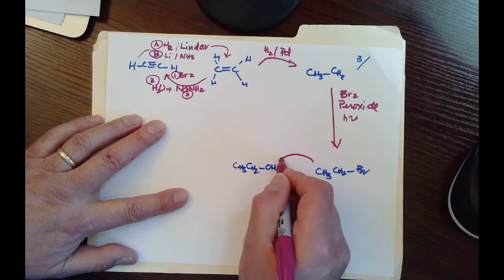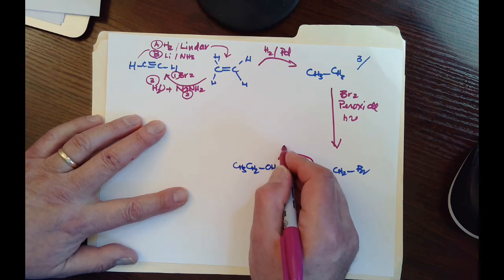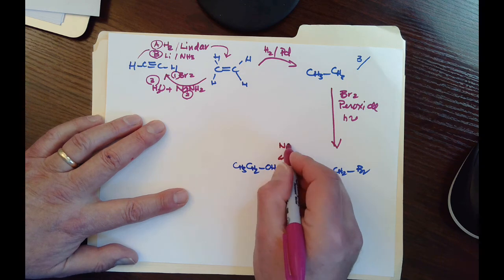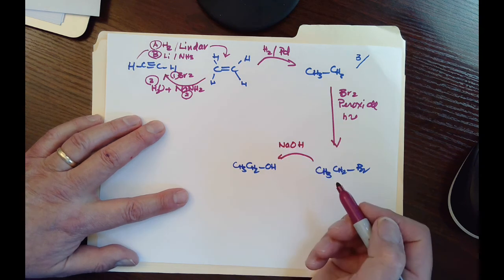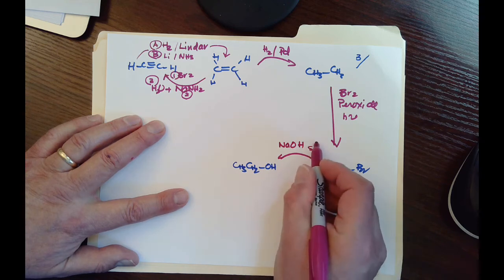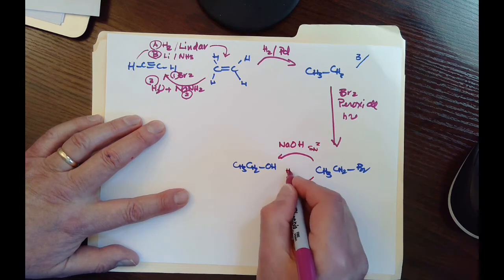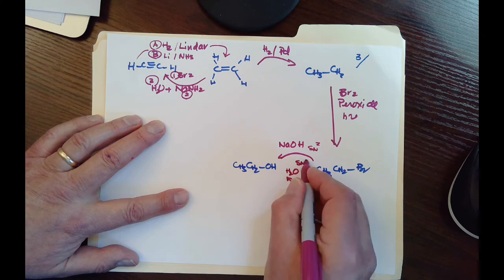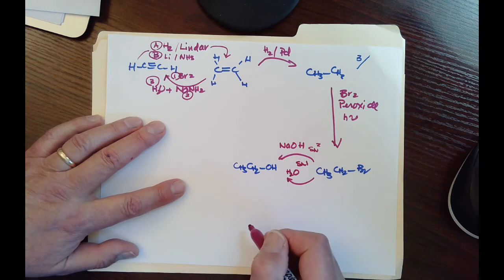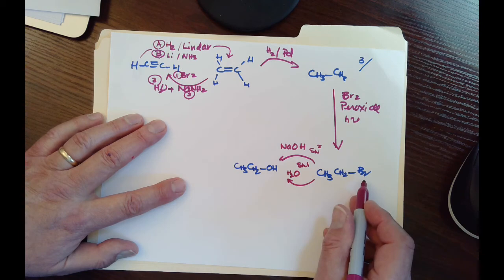So from here to here, we use water and acid, basically. So NaOH, which is an SN2 reaction, or we can use water, which is SN1, very slow. Now, how about going from alcohol to alkyl halides?